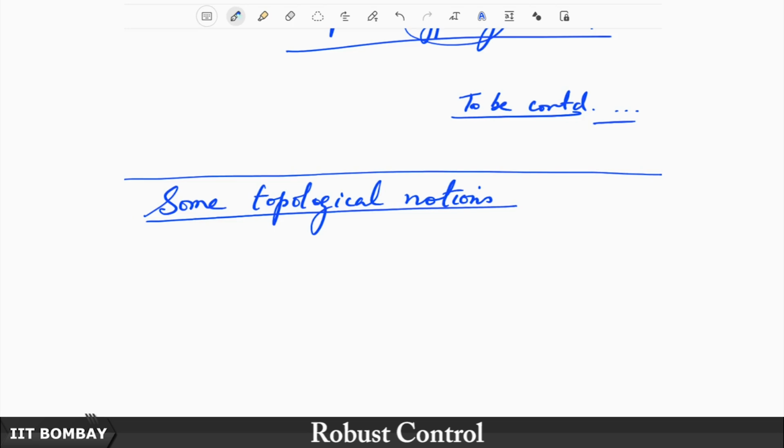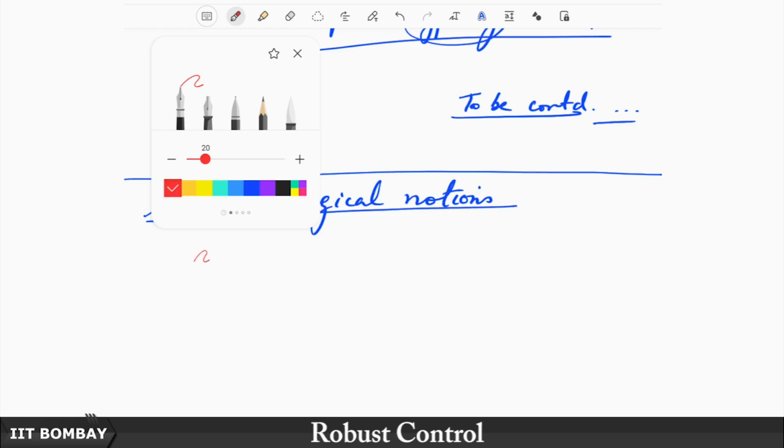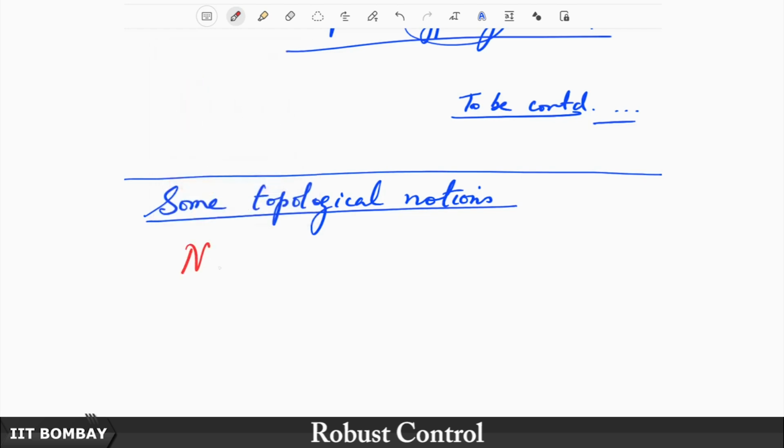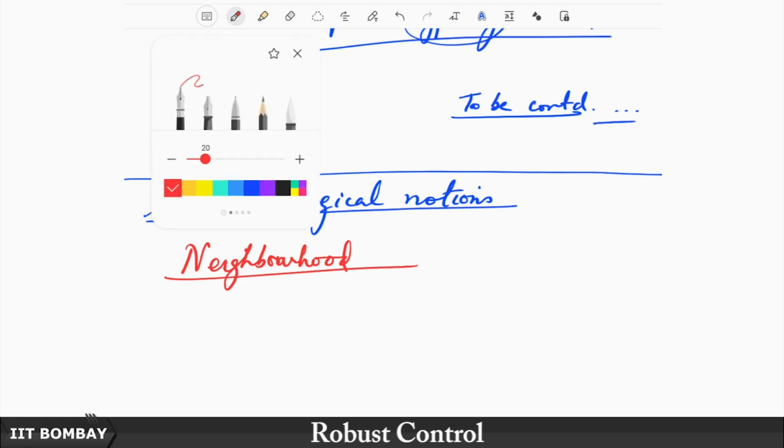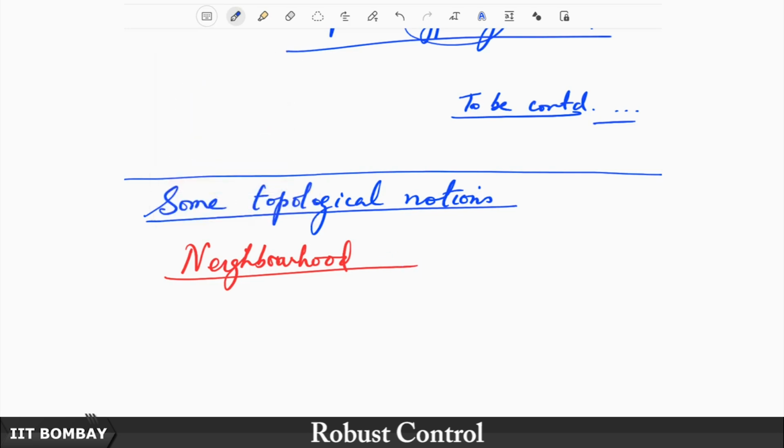So, the first important concept that we shall try to understand is one of neighborhood. The spelling can differ, either you use an OU or you just say OR, depending on the British or the American spelling. Nonetheless, the idea is, what is a neighborhood?